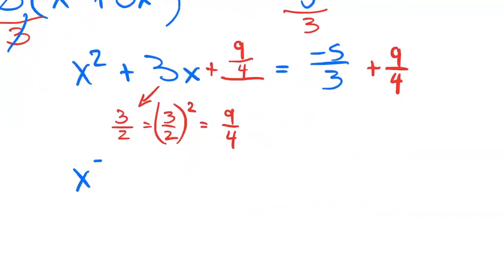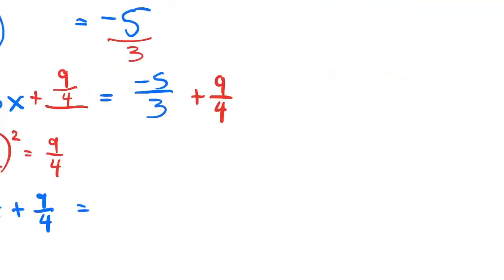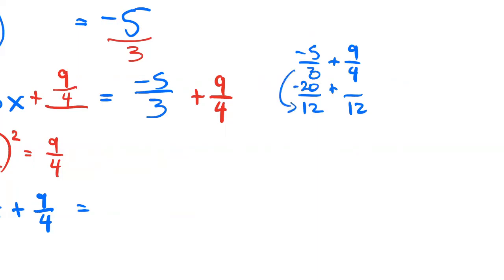So I am left with x squared plus 3x plus 9/4 is equal to, somewhere you're going to do some math, -5/3 plus 9/4. My common denominator is 12, so I've got to get this on 12, and this on 12. Let's multiply 3 by 4 to get to 12, so -5 times 4 is -20.